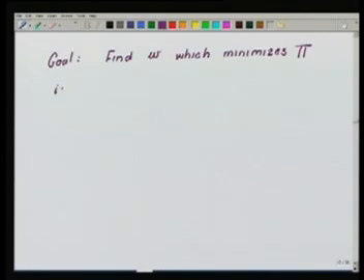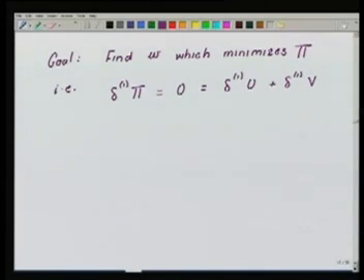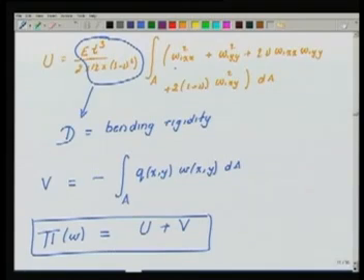As we had done earlier, the first variation of pi is equal to 0, which is then equal to the first variation of U plus the first variation of V. And this, if you work it out, will be quite easy. How do you work out the variation? Essentially it's like taking the differential or derivatives of these quantities.